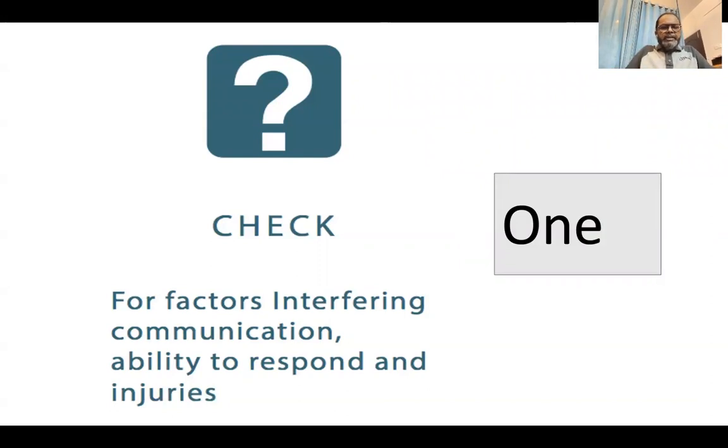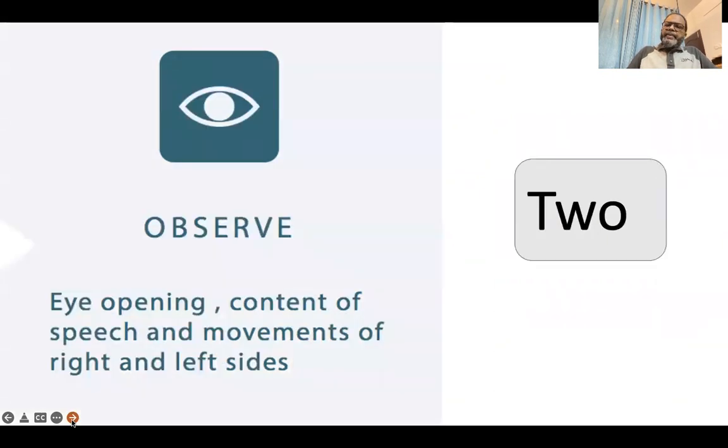The first step is to check for factors interfering with communication, ability to respond, and injuries. The second step is to observe: eye opening, content of speech, and movement of the right and left sides.